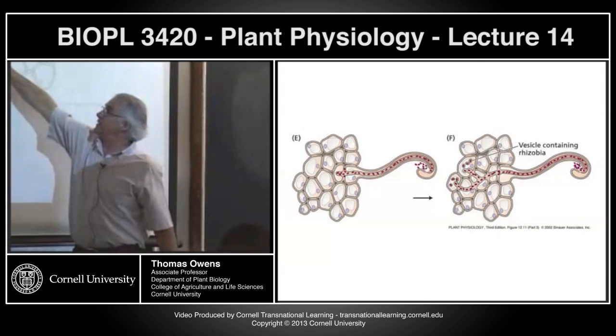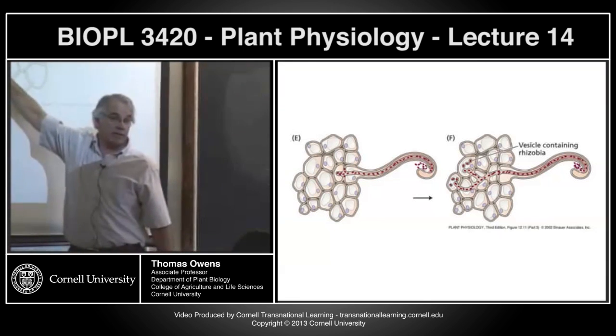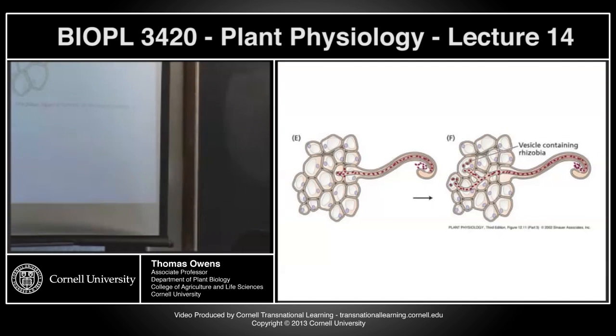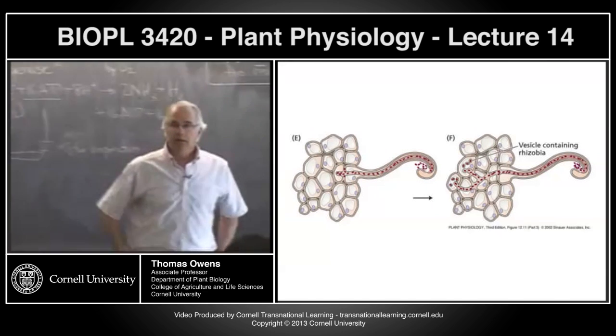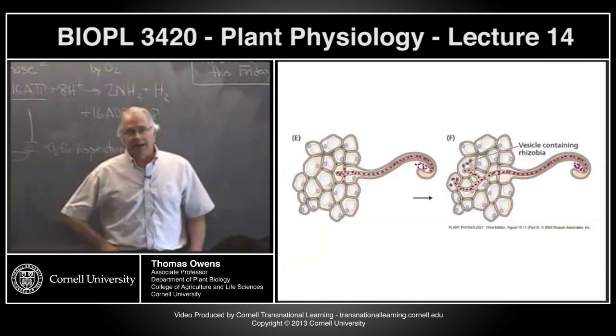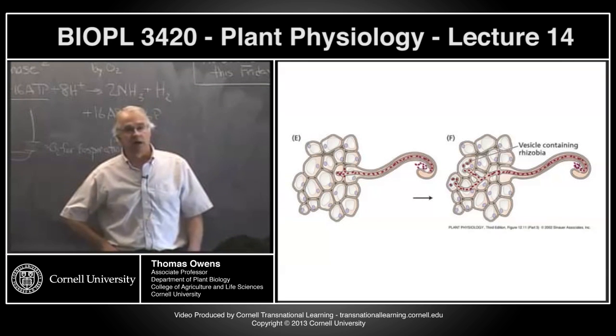This membrane that surrounds the bacteria is derived from the plasma membrane of that cell. It folded in and pinched off. What must happen in that membrane in order to allow this symbiosis to occur? There's got to be a lot of changes that happen there. And you should be able to give me an idea of what some of those are.